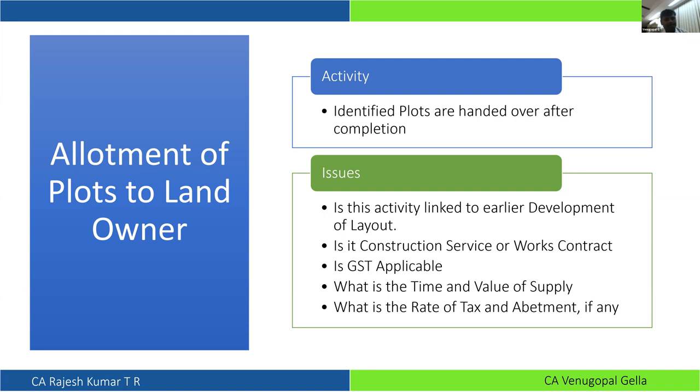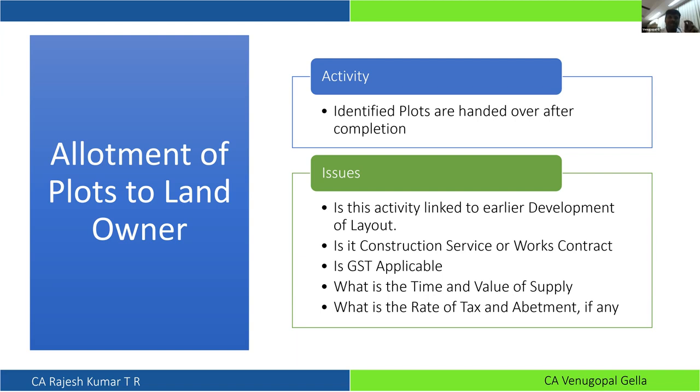The activity which he has has done is an activity of construction services, 9954. Definitely leviable to tax. At what value comes the question? Given that it is an explicit works contract where the landowner has engaged a developer saying that you develop, the risk and reward is mine, I will sell it at whatever price, I will get the RERA approval.